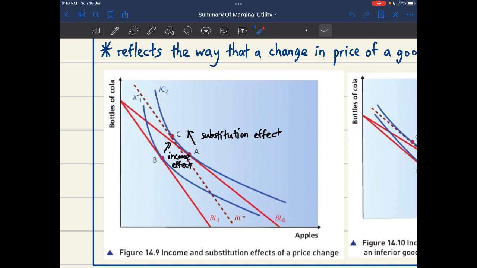This is when we have the same total utility, and we have more income to be able to reach IC2. Then you can see that the amount of bottles of cola that you can purchase is now actually more because of the fact that the prices of apples have increased.